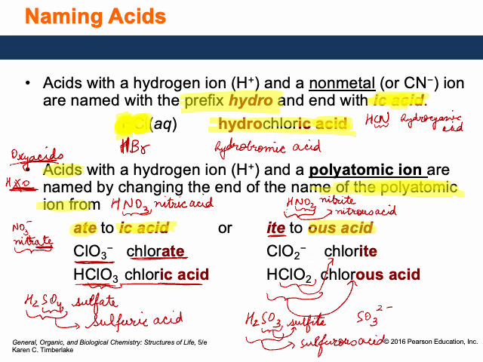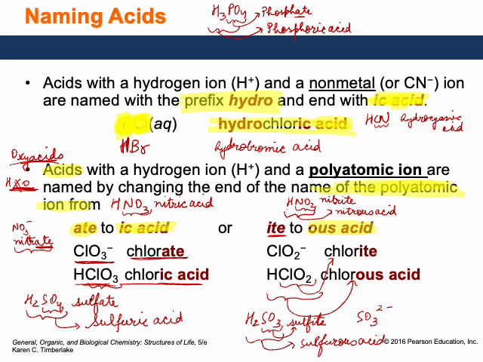Okay, another example could be, let's say if I say H3PO4. H3PO4 is coming from the phosphate ion. This ion is called phosphate. The name is ending with "ate," so the whole acid would become phosphoric acid.